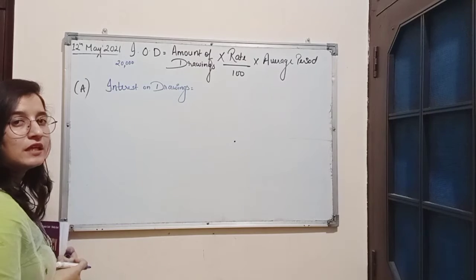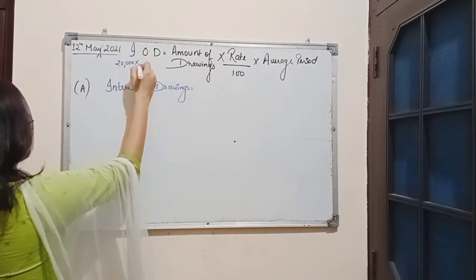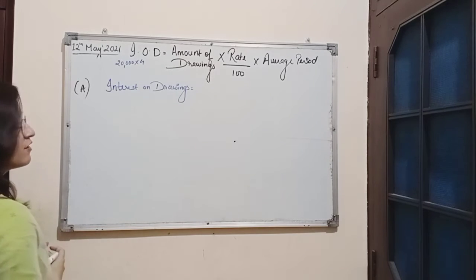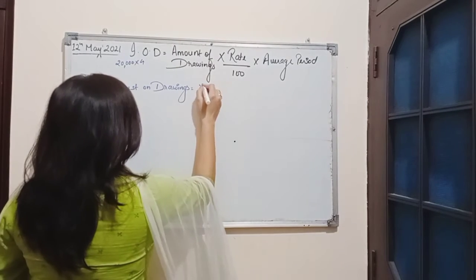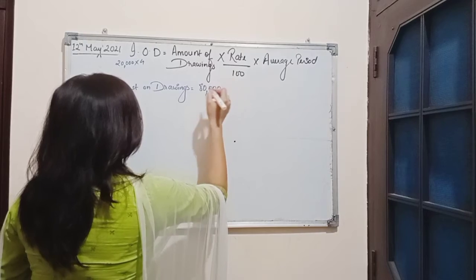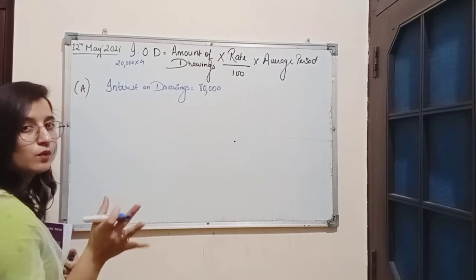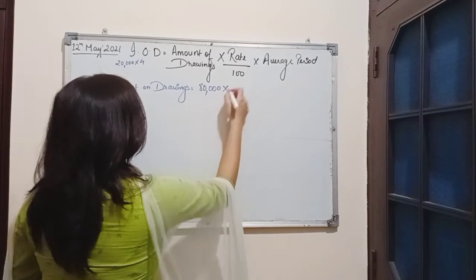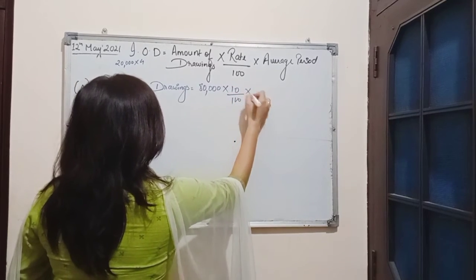He is withdrawing in each quarter. So we know there are 4 quarters in a year. So 20,000 multiplied by 4 will be 80,000. Total amount of drawings withdrawn by the partner in the whole year is 80,000. Multiplied by rate is 10%.